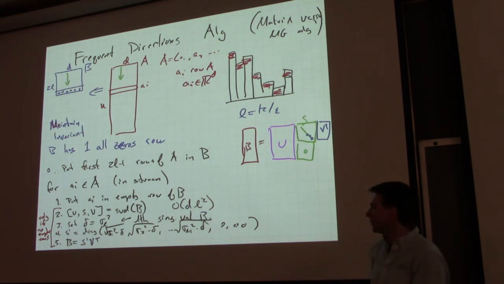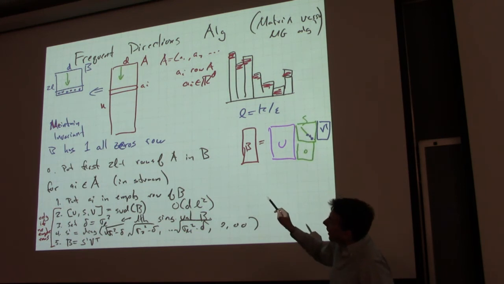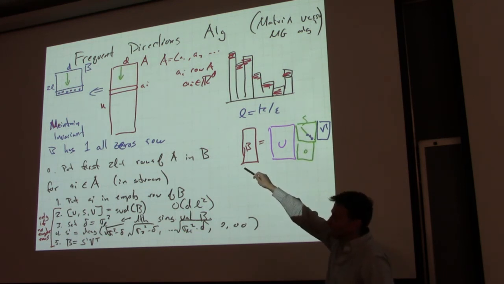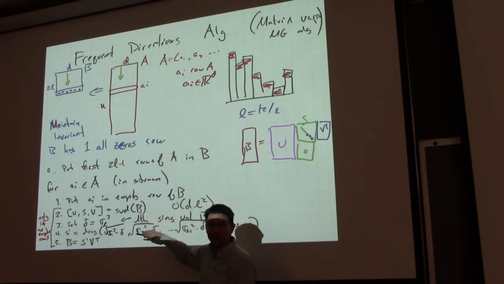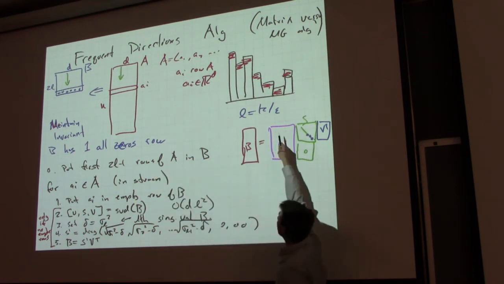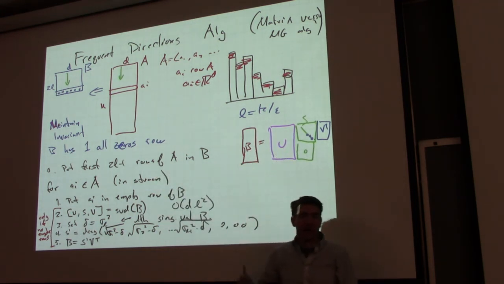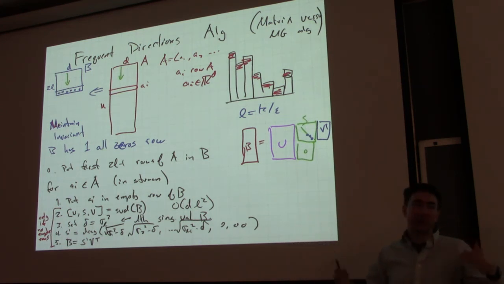Okay, and so this doesn't do quite as well, right? I can do it with only L rows, and then this invariant happens every time I add a new row, and that's a slower version of it. But otherwise, I need a factor 2 and a factor 1 over epsilon onto the size of the subspace I'm maintaining.